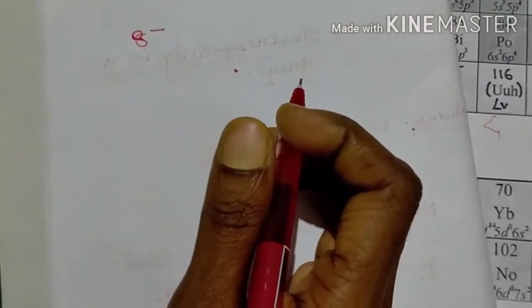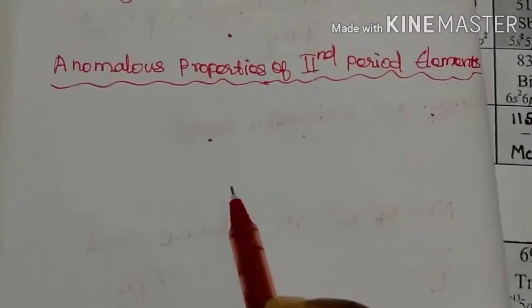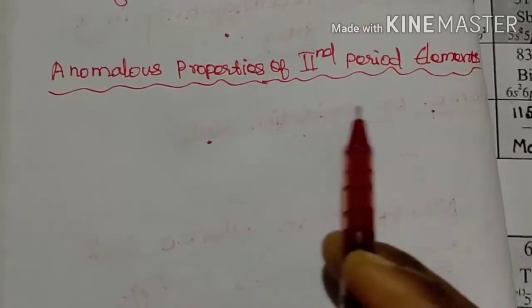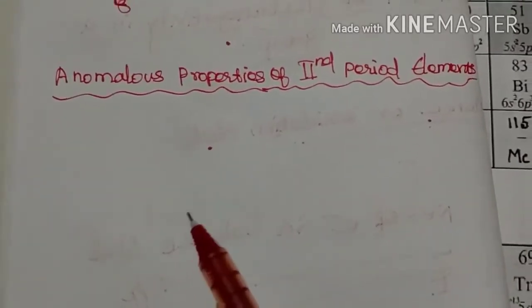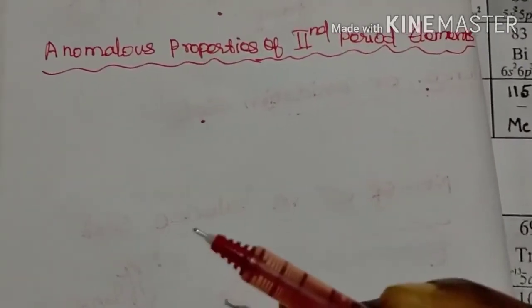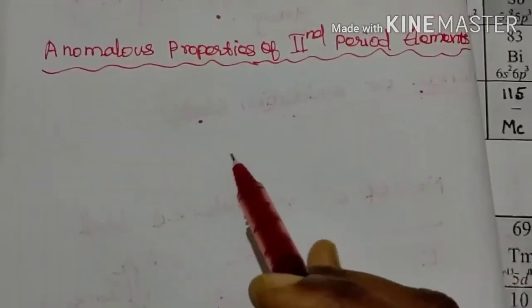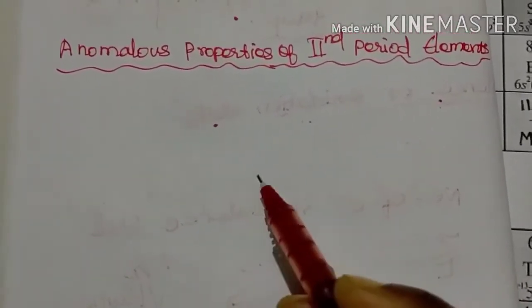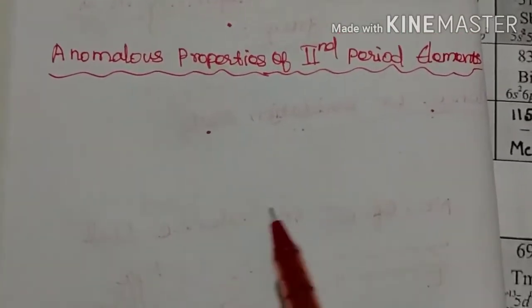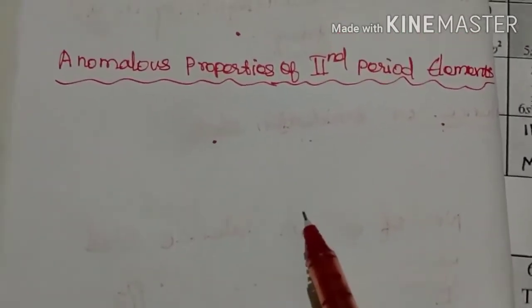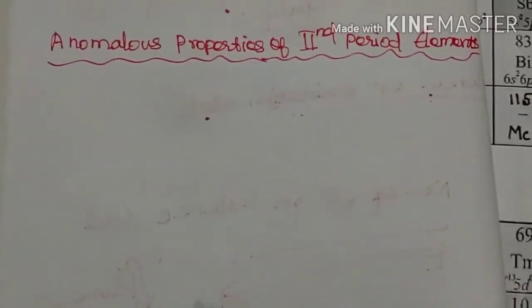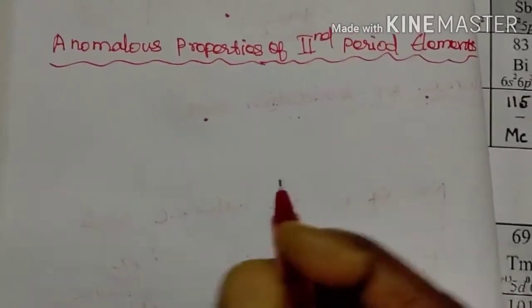Next topic is anomalous properties of second period elements. The general character of periods in the group is similar; the physical and chemical properties are similar in the same group, but the first element of each group is different from the other elements of the same group.